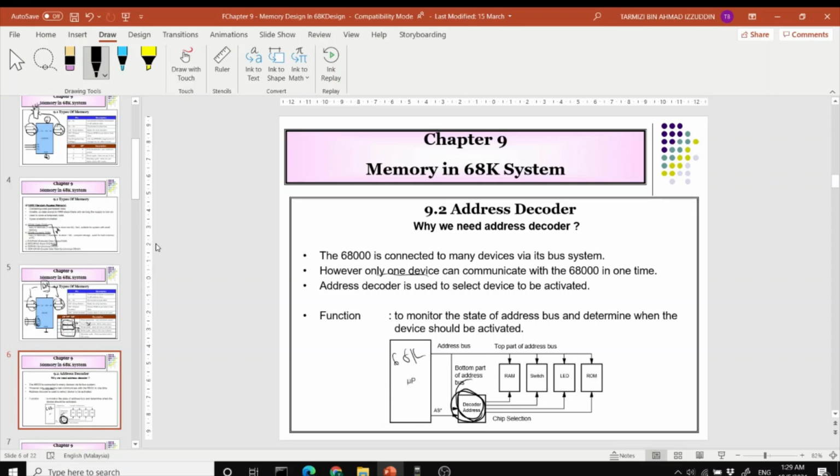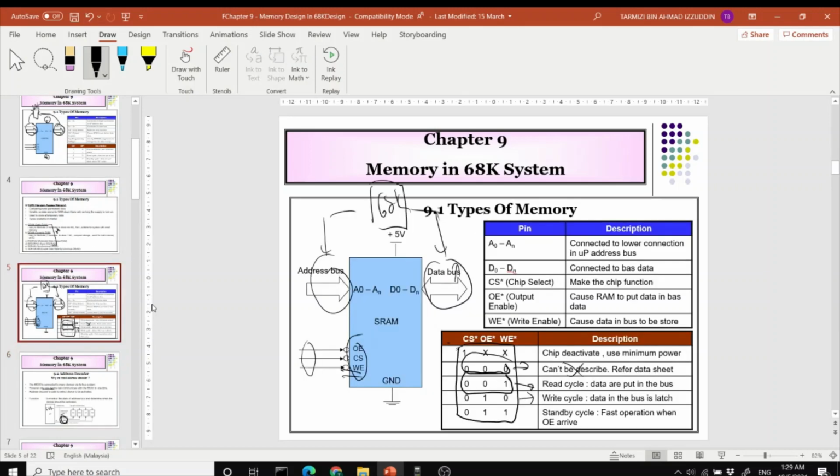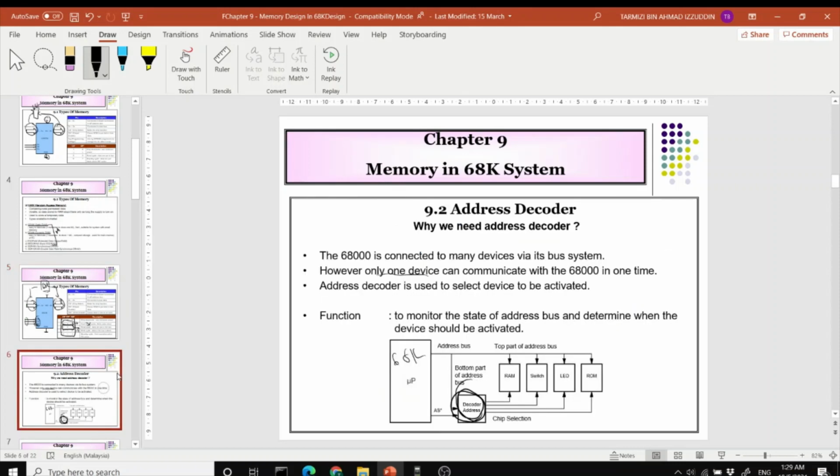Basically, based on the address that is put on the address bus by the 68K, the address decoder will decode which device needs to be connected to the 68K. If you look back at your memory system, you have this chip select pin, which is connected to your address decoder.